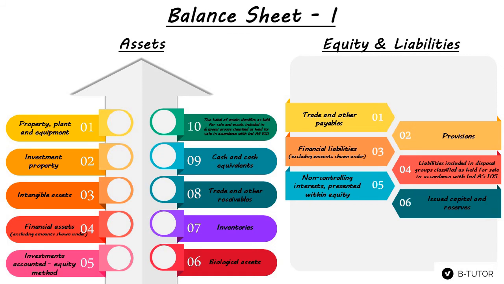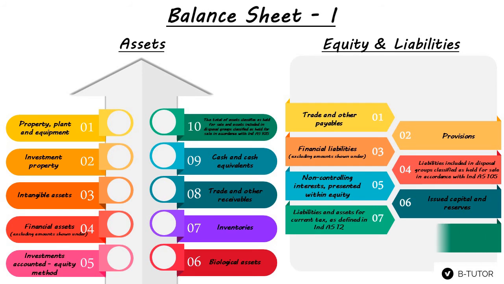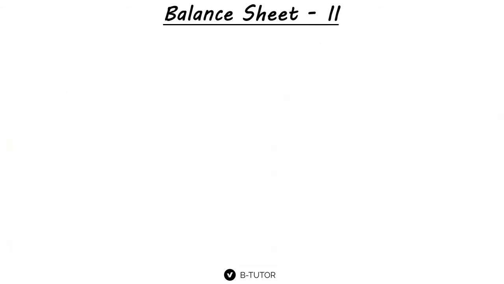Then issued capital and reserves attributable to owners of the parent. These may come under asset or liabilities side. They are liabilities and assets for current tax as defined in Ind AS 12. Next, deferred tax liabilities and deferred tax asset as defined in Ind AS 12. These are the minimum line items to be presented under balance sheet.